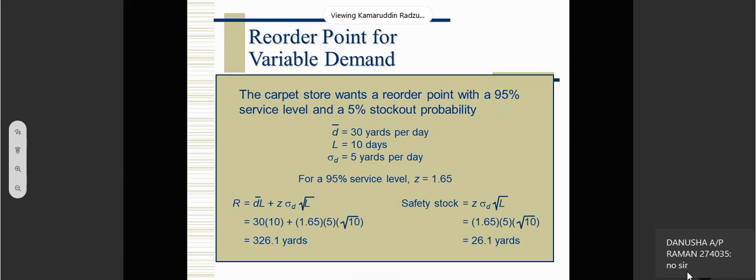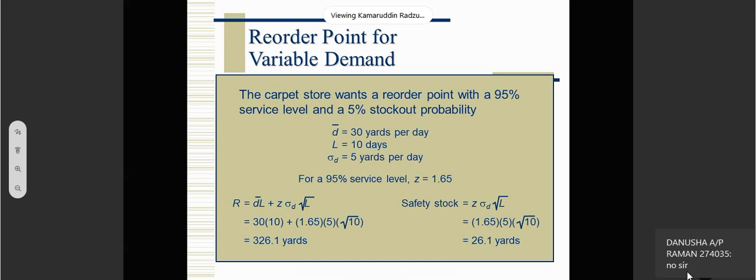For example, we have 95% service level, which means that 5% will be the probability of stock out. So we need to determine the reorder point level for the 95% service level.